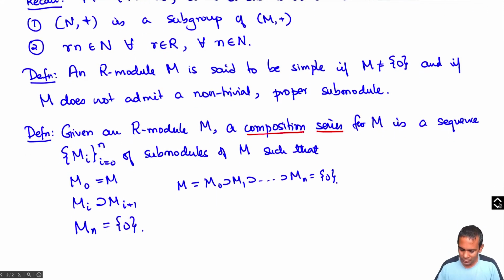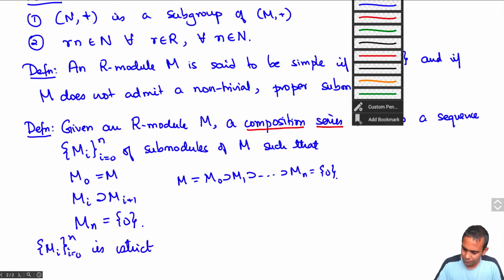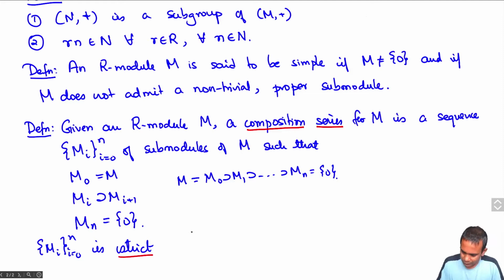Sometimes you'll be requiring a composition series to be strict. So we'll say that Mi, i from 0 to n, is strict if Mi properly contains Mi plus 1 for all i.